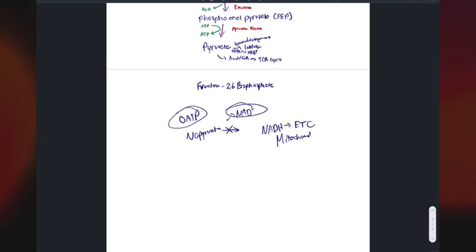And what are the cells that don't have mitochondria? Red blood cells. So red blood cells are the first to be affected by this deficiency, and that results in destruction or hemolysis, and eventually resulting in anemia, so hemolytic anemia.